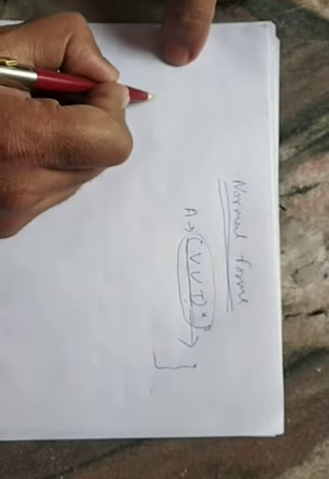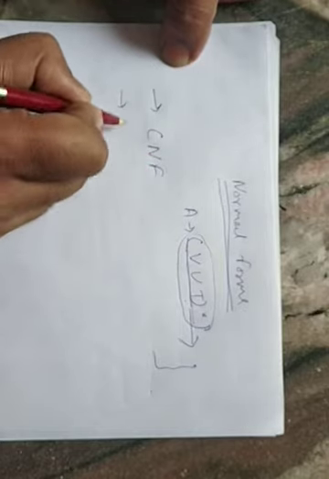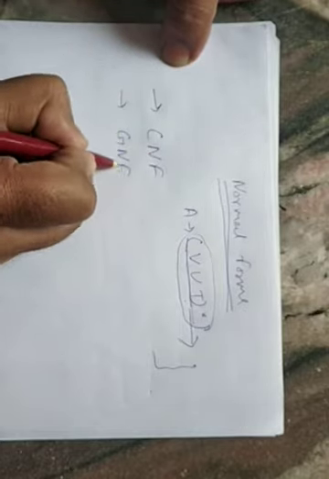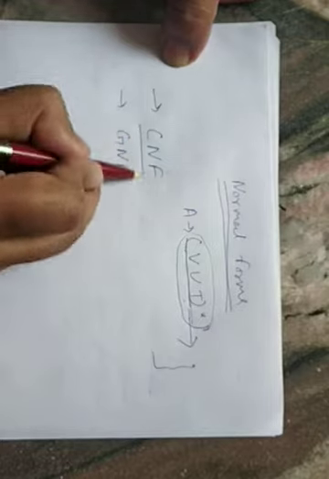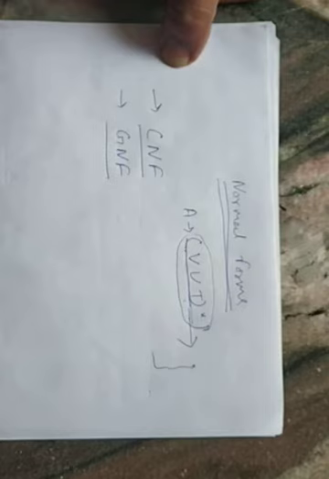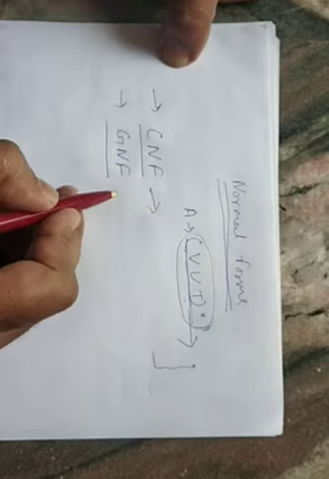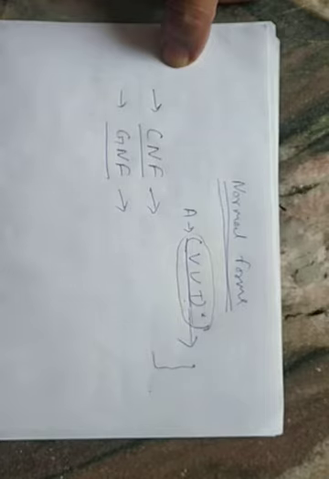There are two normalization techniques which we are going to study. One is CNF and the other is GNF: Chomsky normal form and Greibach normal form. First we will pick CNF and then move into GNF.